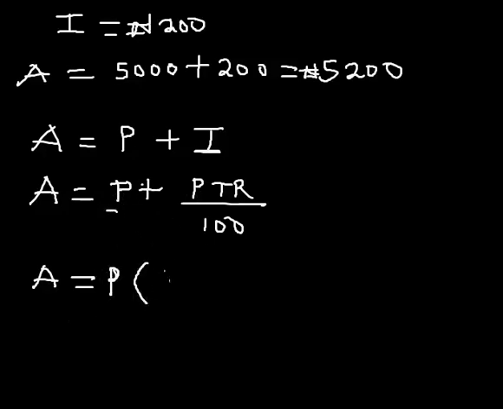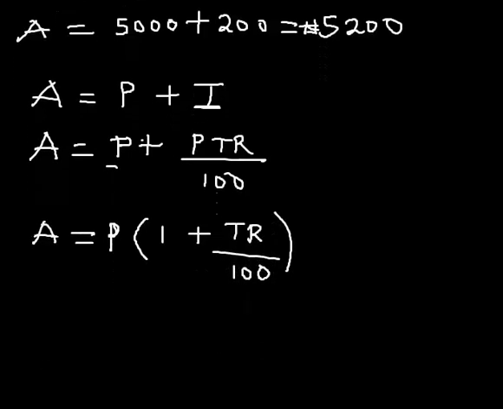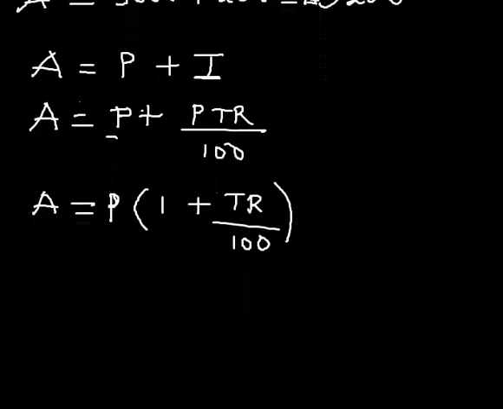Open a bracket. Here I have 1 plus TR divided by 100. So this is another way of expressing the amount that one will pay back.